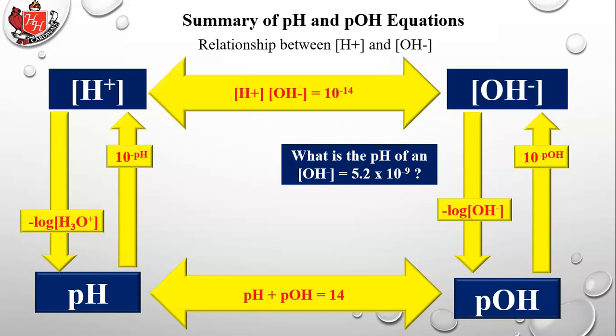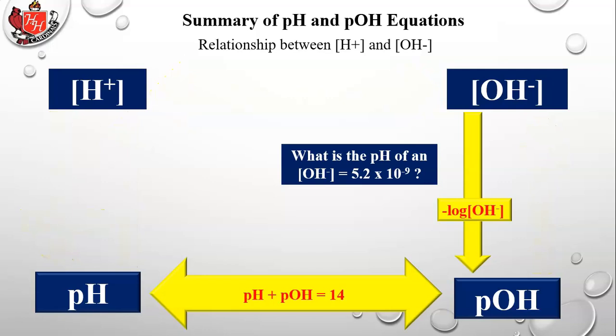I'm just going to take one of them. You could either go from hydroxide over to hydronium H plus, and then from hydronium down to pH, or you can go from hydroxide OH minus down to pOH, and then from pOH across to pH. So let's go ahead and do one of those two routes. We're going to do this one. We're going to go down and then to the left.